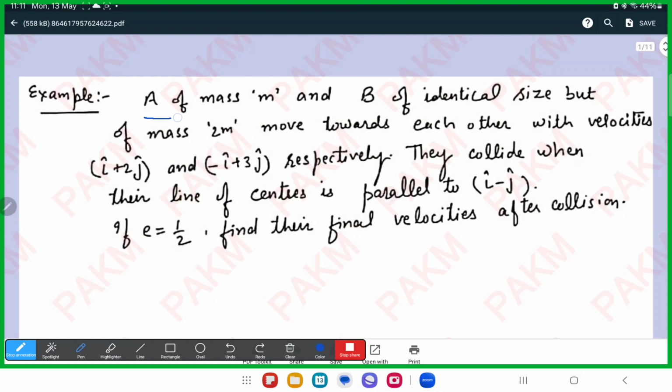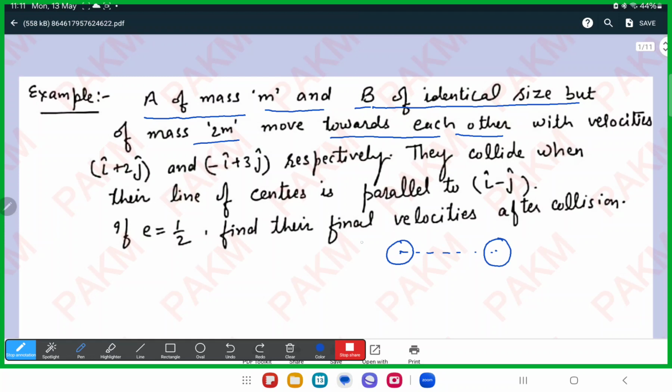So a mass M and B of identical size but mass 2m move towards each other. They have not given whether they are moving along the central line, number one, or along some oblique line.